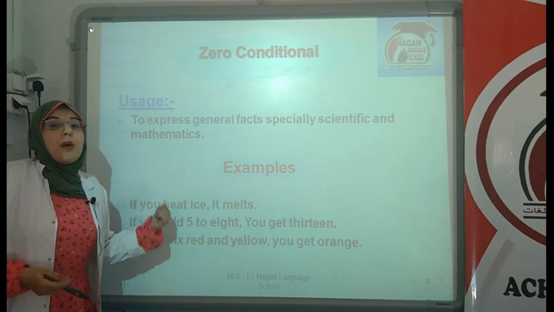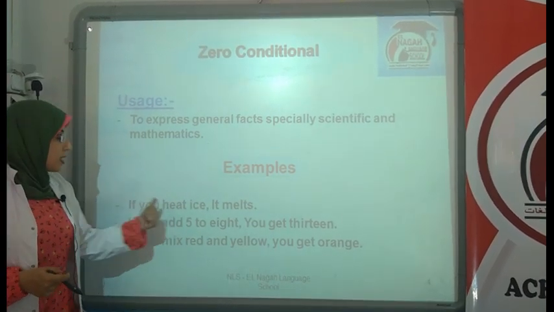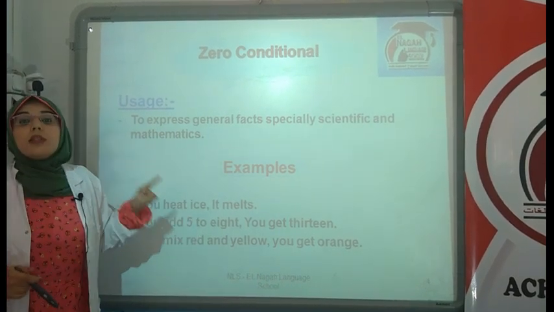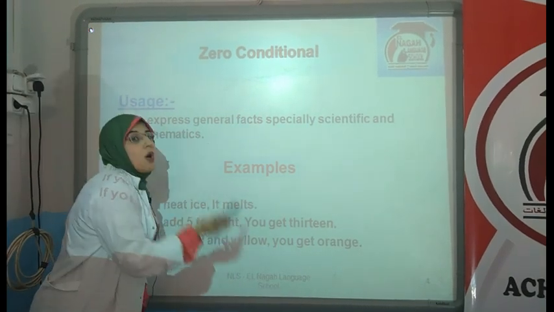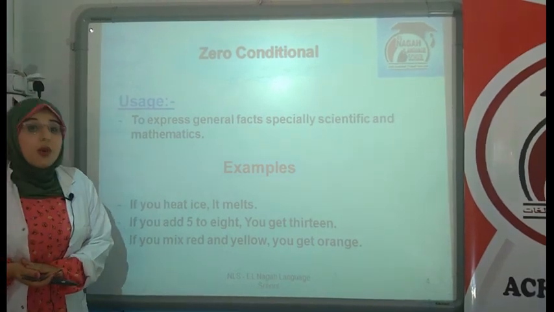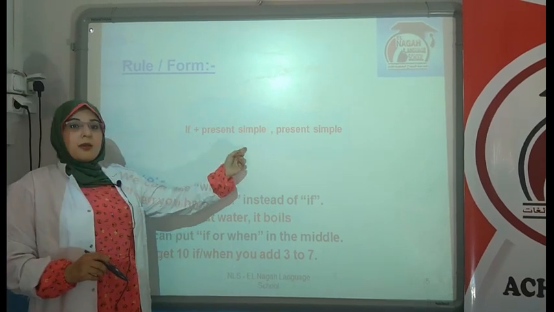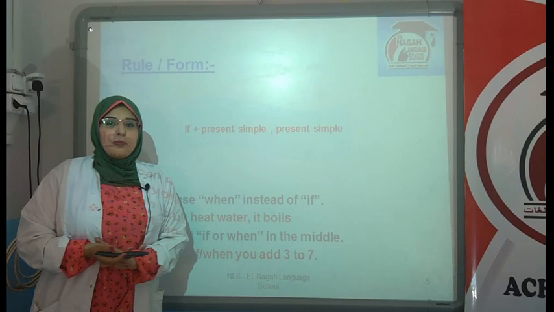It is in the present simple. It means that if plus present simple. The second clause, the verb, is also in the present simple. So the rule is: if plus present simple, comma, present simple.